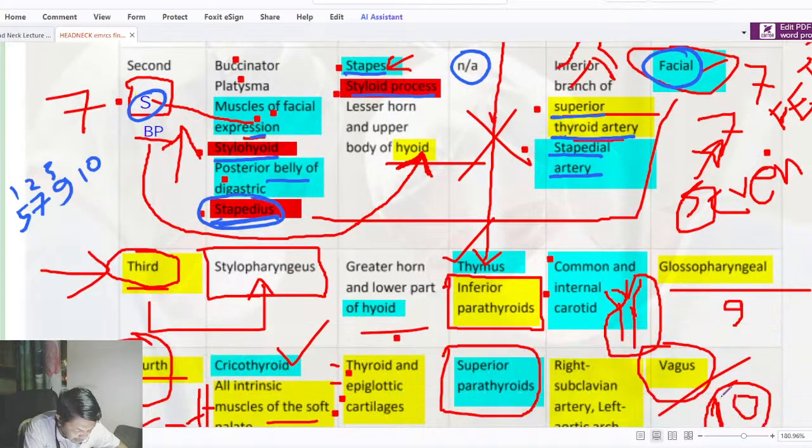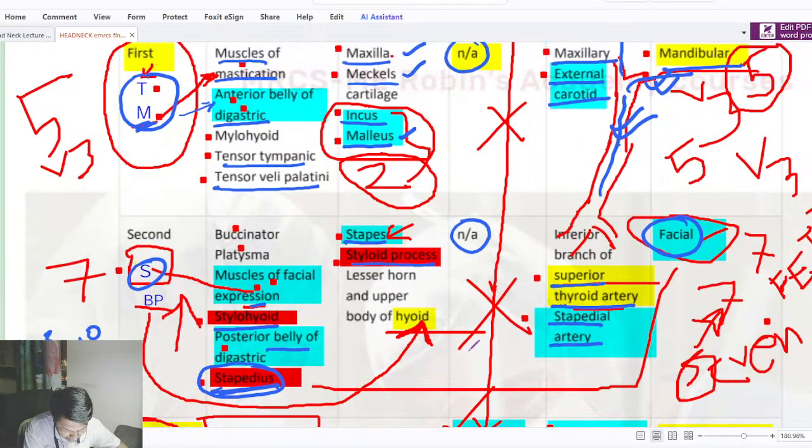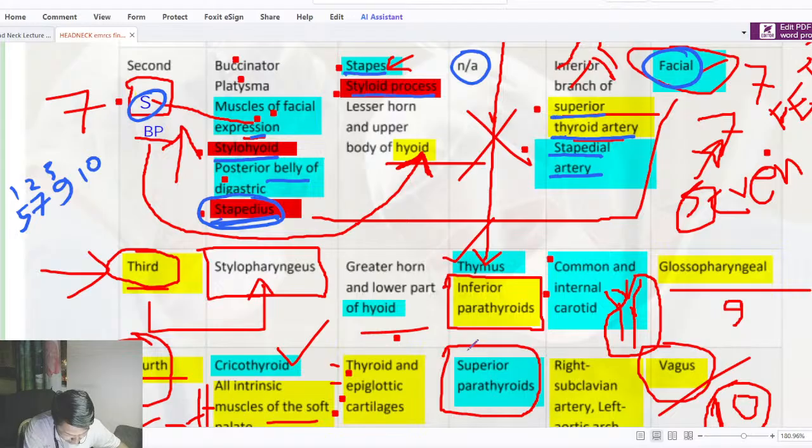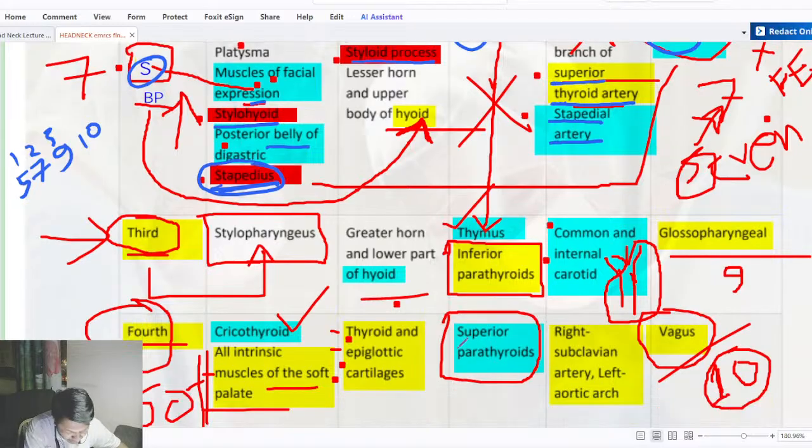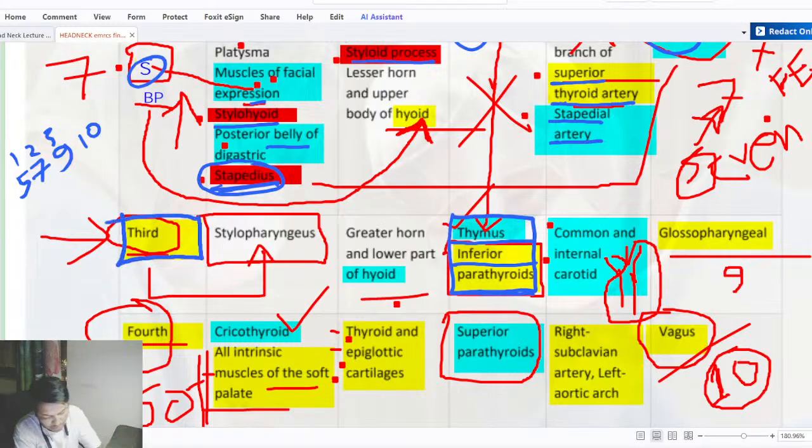Now we are in the third arch. Stylopharyngeus muscle, and the skeletal contribution is the hyoid, not very important. From the third arch, they mainly ask questions about the endocrine, because from the third year in our medical school we have endocrinology. From the third arch we have thymus and inferior parathyroid.